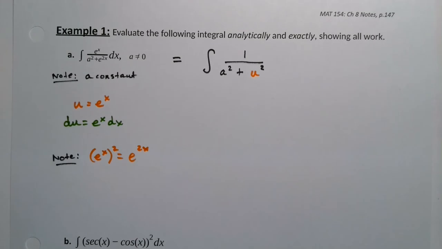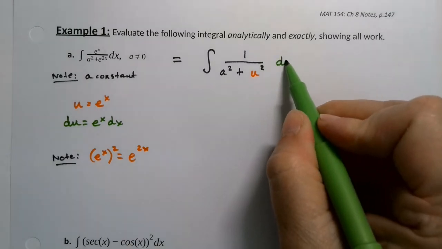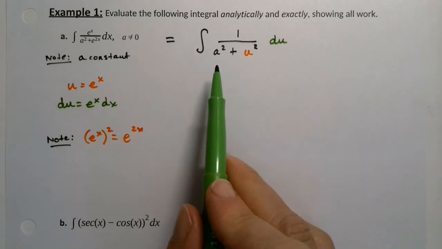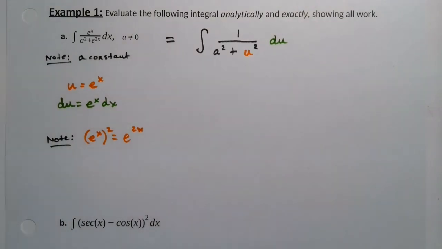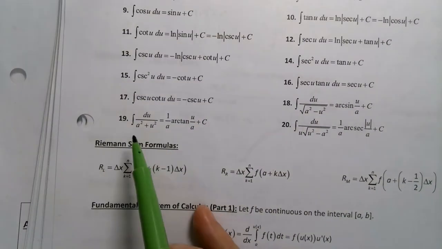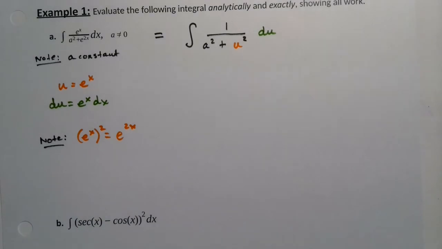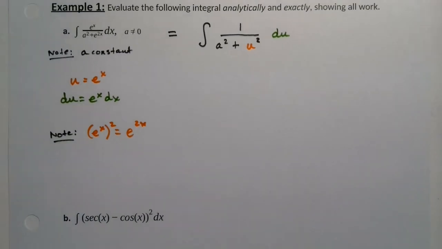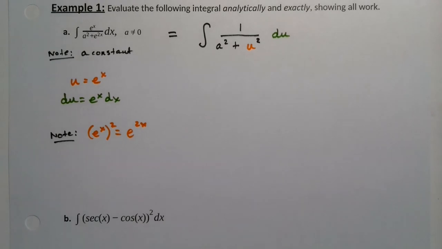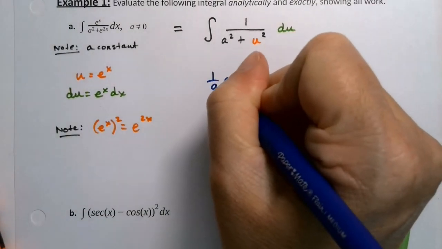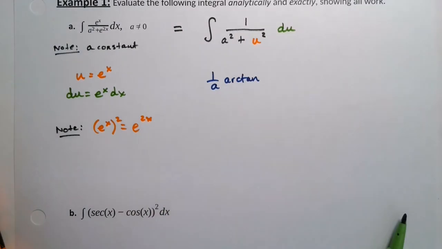And then you have your du. All right, so then that should be setting off little bells in your head. You know that one because it's on your quick reference sheet. It's right here, right? So it's 1 over a arctangent of u over a. So this would be 1 over a arctangent of u over a.